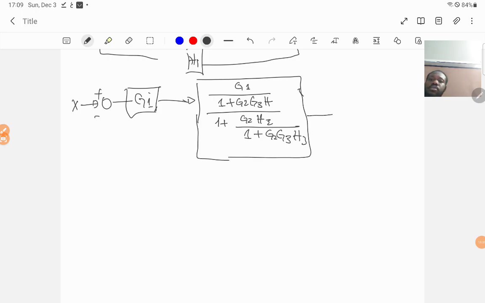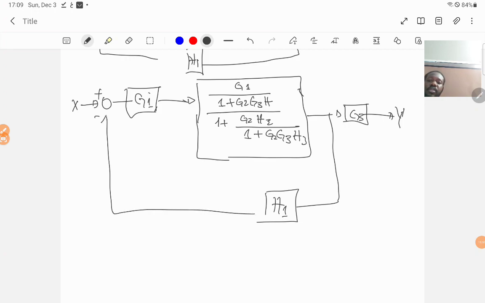That's one transfer function, and we have our g3 in here, y, and the remaining feedback h1 will be linked to this one.